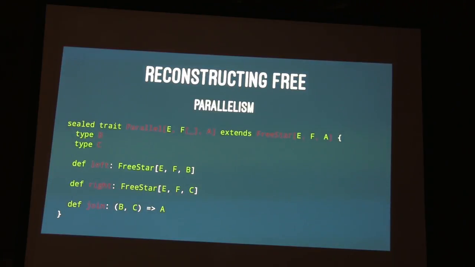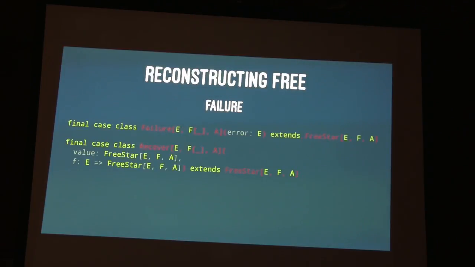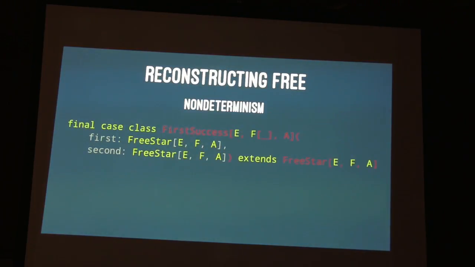The effect of parallelism, doing two things and then later combining those results into a single result. The effect of failure, which really only makes sense if you can recover from it. And the effect of doing the first thing, and if it fails, trying to do the second thing.